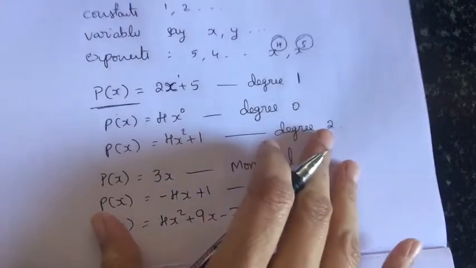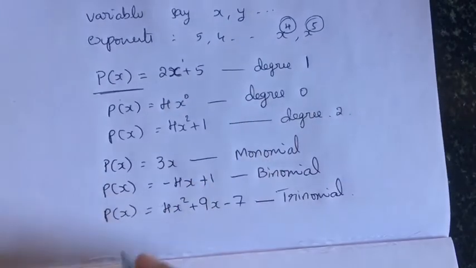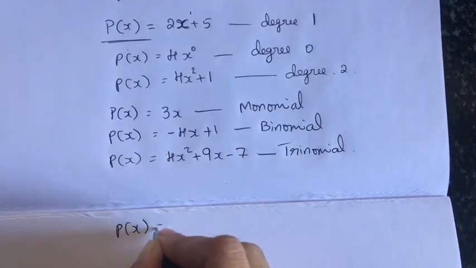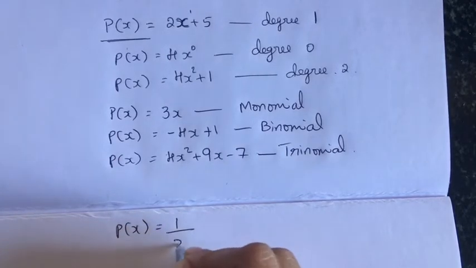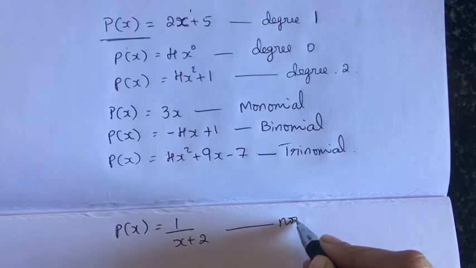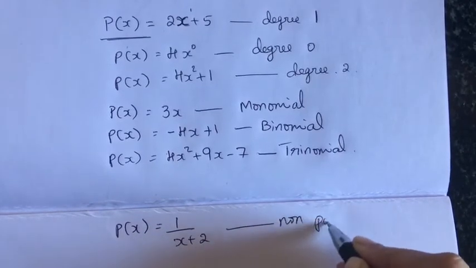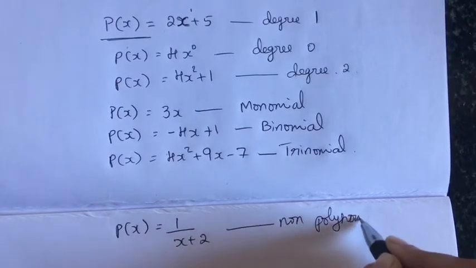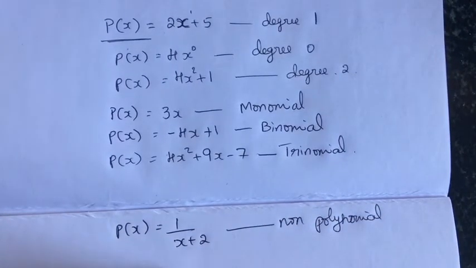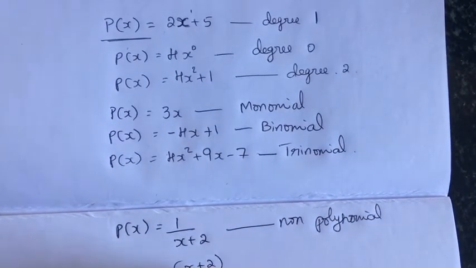And please remember one thing, if I have something like this, say p of x is equal to 1 by x plus 2, then this is not a polynomial. It's a non-polynomial. What happens if I take this, it has got power minus 1.